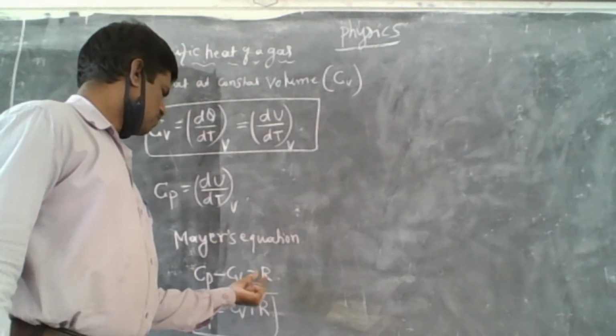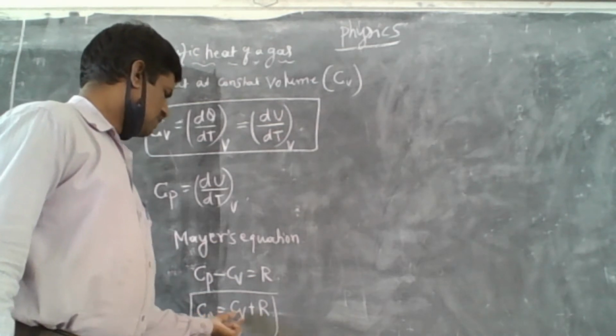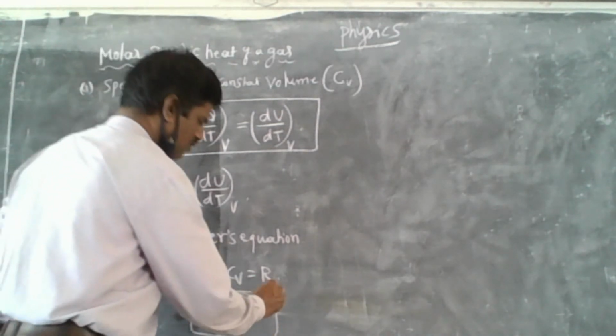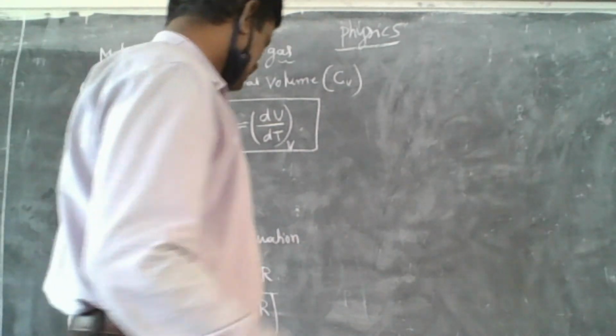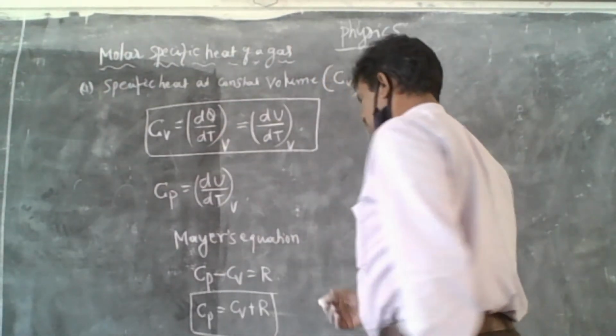Cp minus Cv is equal to R, Cp is equal to Cv plus R. This equation is required for us to discuss further topics.